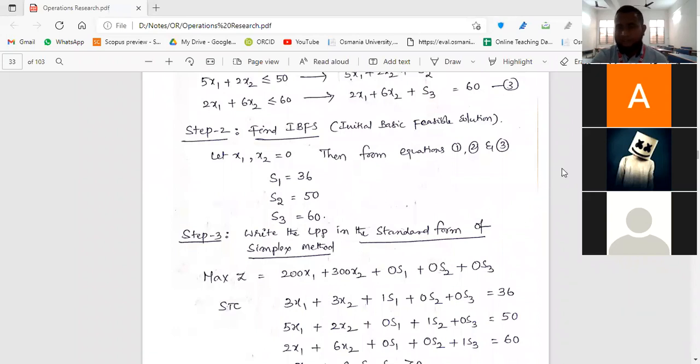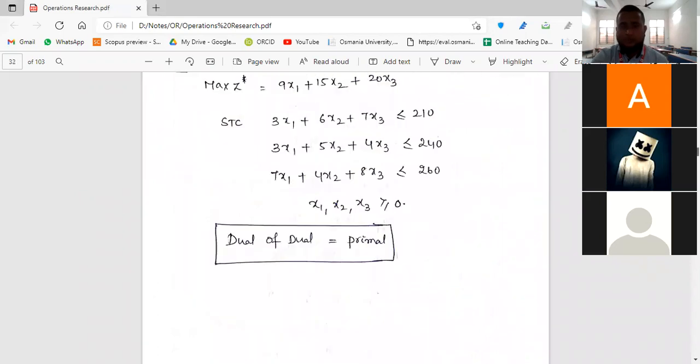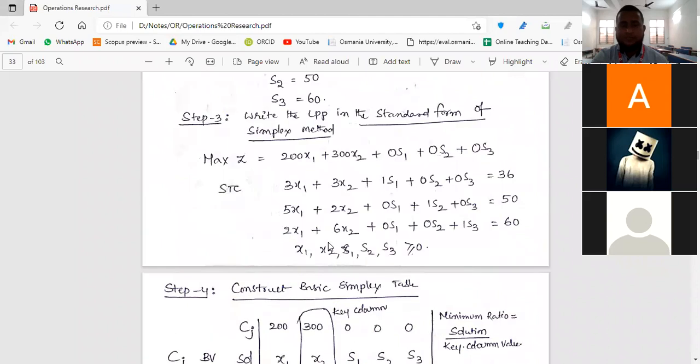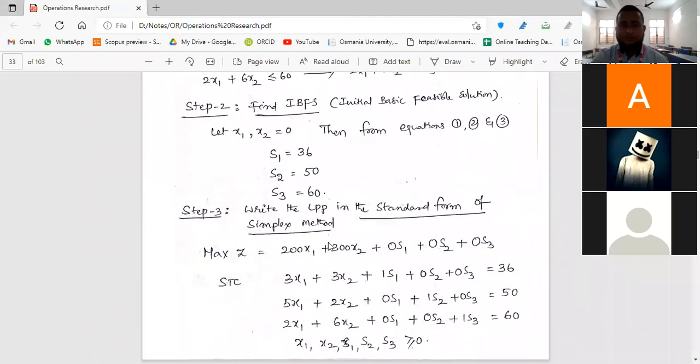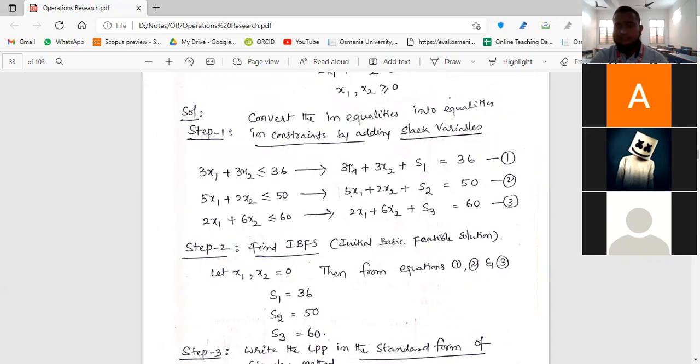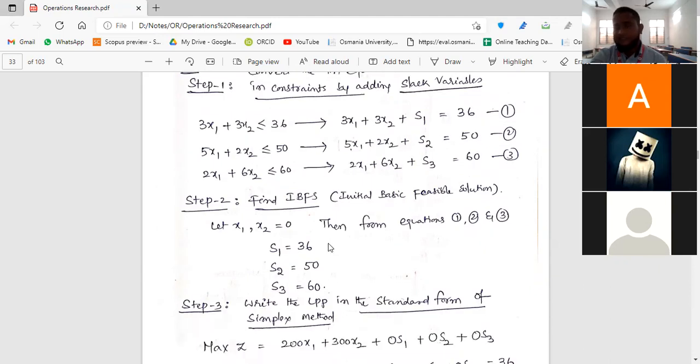If you substitute x1 as 0, x2 as 0 in equation 1, then 3x1 means 3 into 0, 3x2 means 3 into 0, plus S1 is equal to 36. All these values will become 0. So S1 is equal to 36.